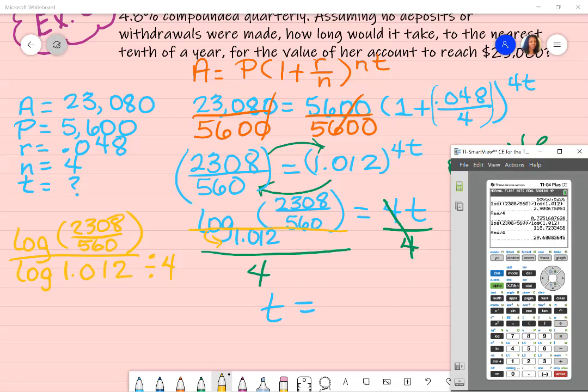Yep, this is the correct answer. So what I did the first time that was incorrect is I put an extra parentheses over here. So I have 2 parentheses, but only 1 over there. See how I threw my answer off? That is not correct. This one is. So it should round to the nearest tenths based off of your instructions, which is 29.7.